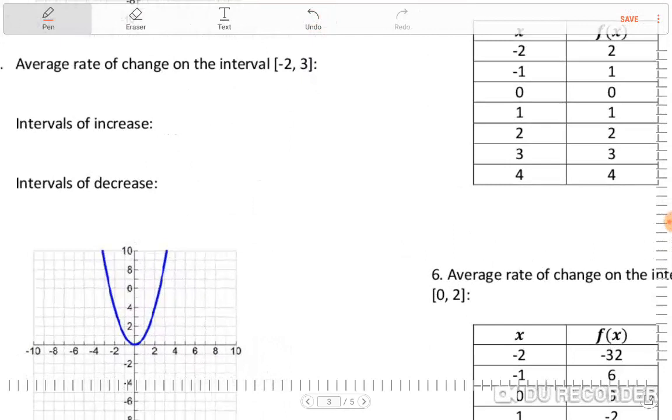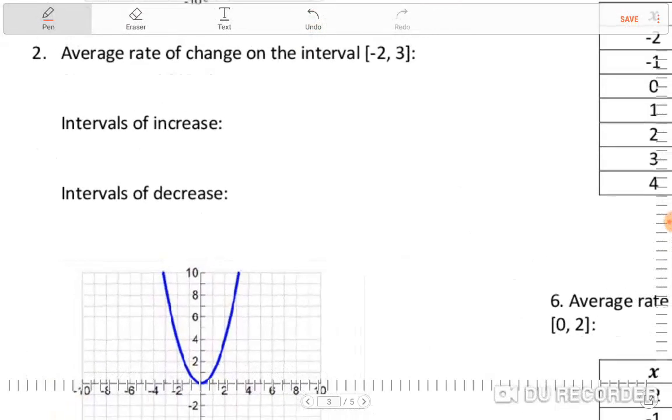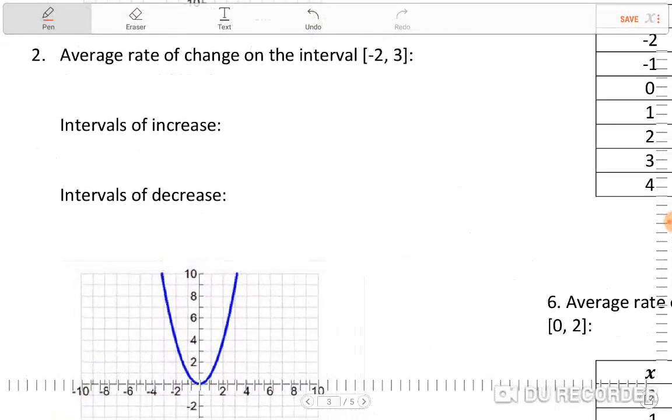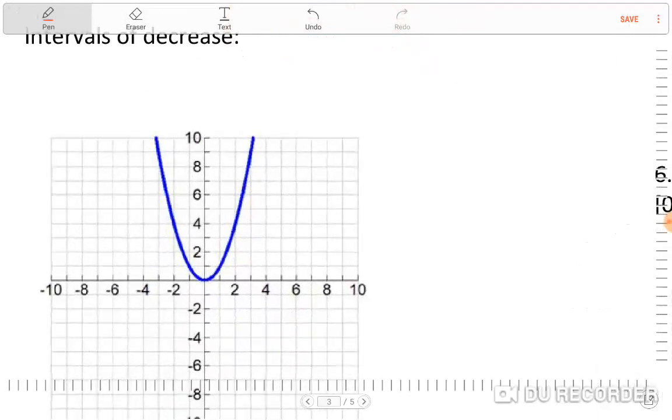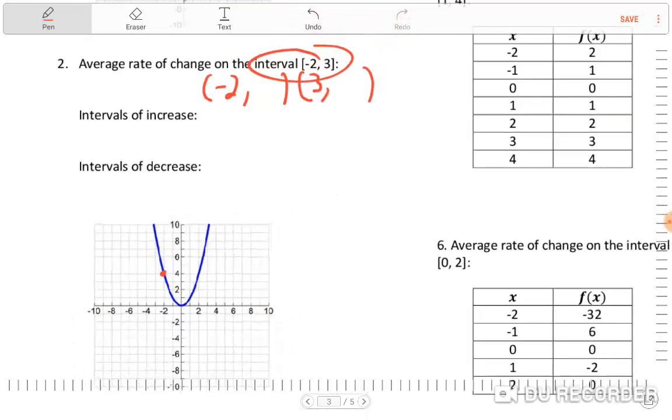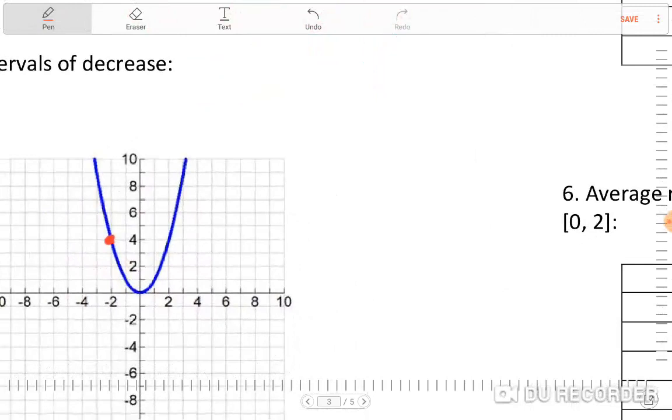Okay, now this is a parabola. This does have a change of direction, but we'll deal with that when we get there. Let's look at the intervals. This is negative 2 comma something and 3 comma something. When we look at the graph, at negative 2, it looks like we're at 4. At 3, it's hard to see, but it looks like a 9.